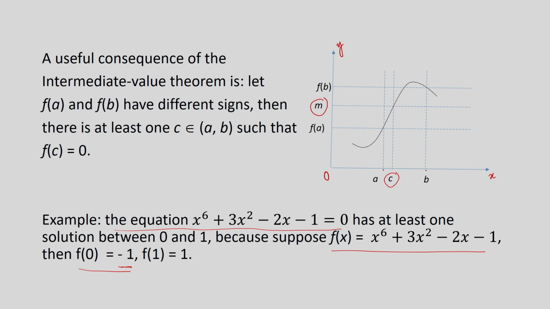And if you take f(1), it becomes 1. So, the value of the function goes from minus 1 to plus 1. Therefore, there must be at least one solution between 0 and 1. This comes from the intermediate value theorem itself, because 0 lies between minus 1 and plus 1.